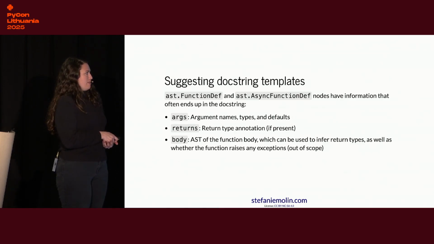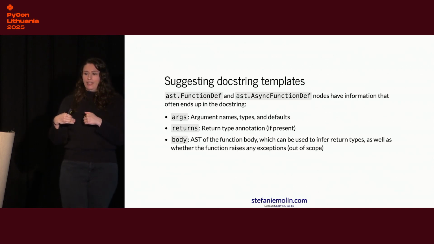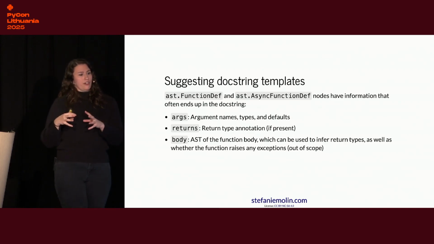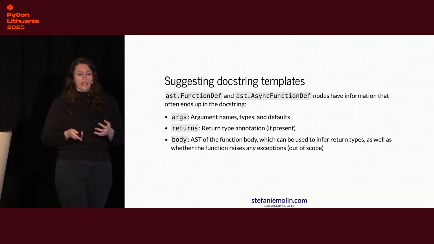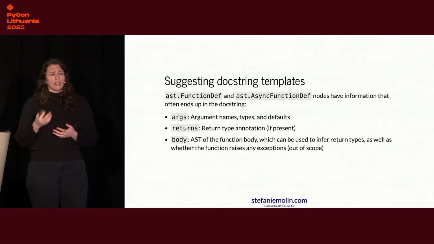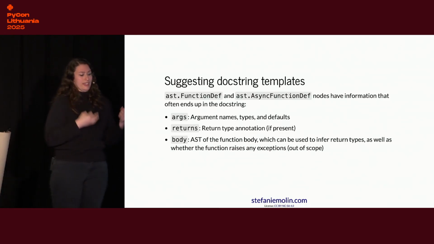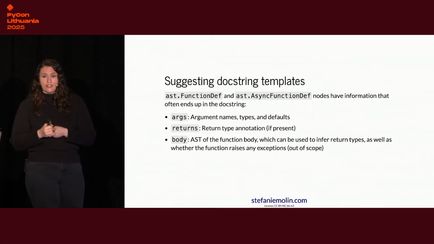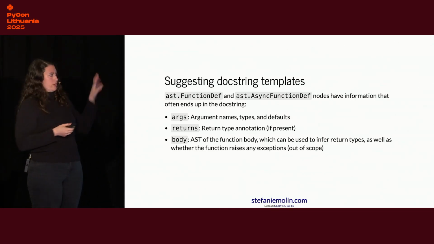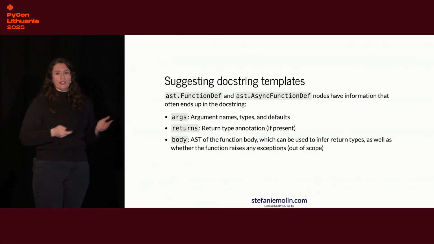You can look at the body of the function and look for a return node, and then you would know, oh, there is definitely a return in here, and you can potentially extract the type. If you wanted to indicate in the docstring that it raises some sort of exception or that it yields, those are also nodes in the AST, and so you could look for those particular nodes and note that in the docstring.